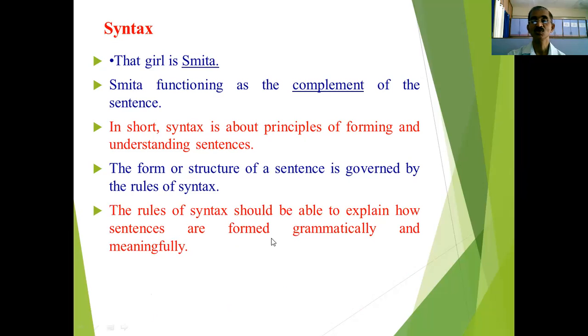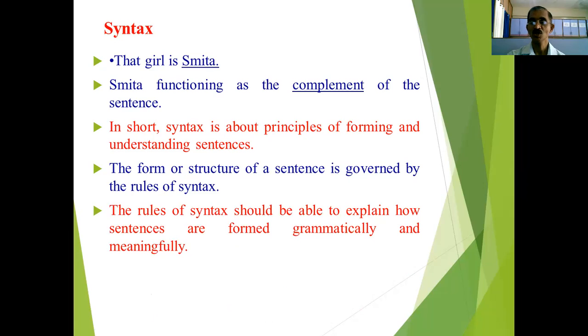The rules of syntax should be able to explain how sentences are formed grammatically and, at the same time, meaningfully. That is very important.